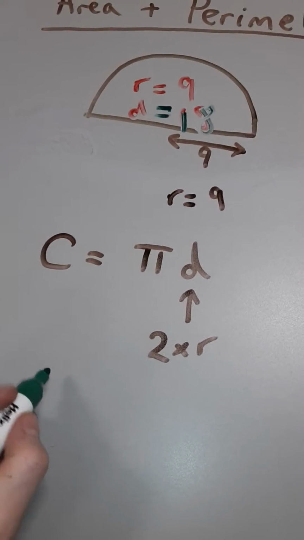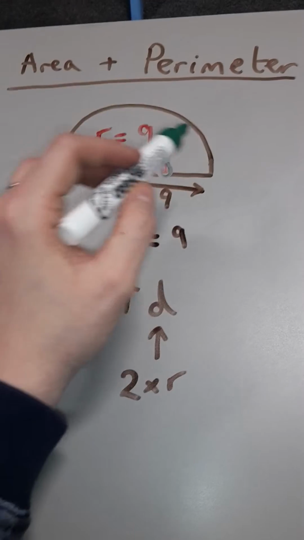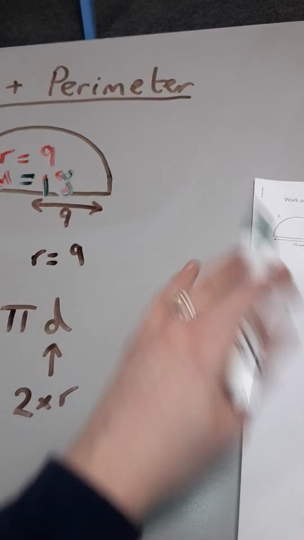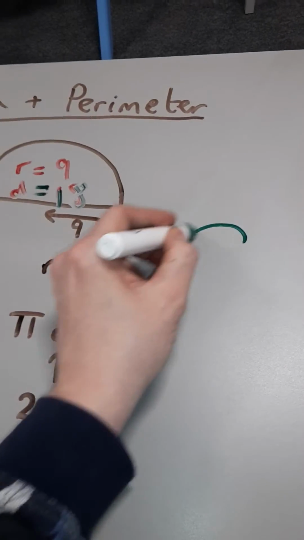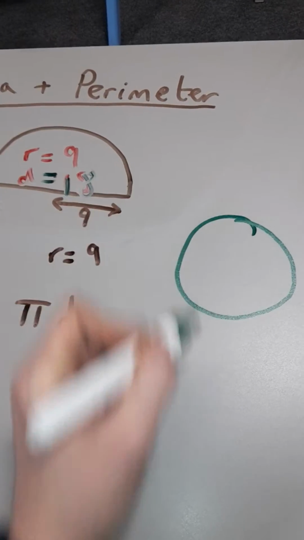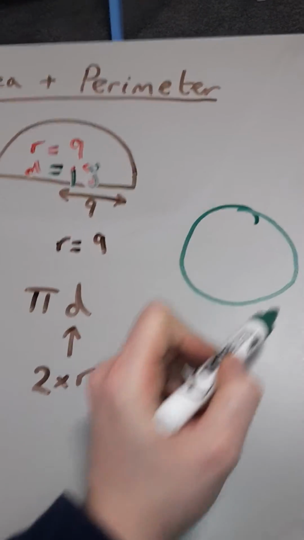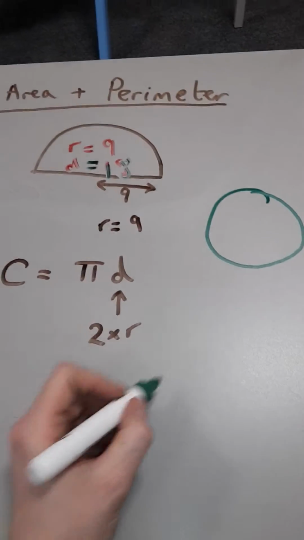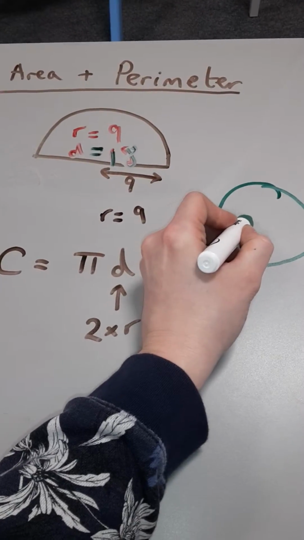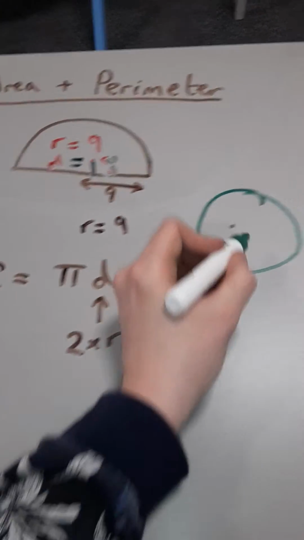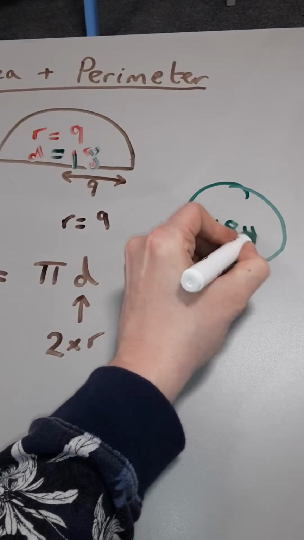So if I work out the circumference of this circle, I'm essentially going to be working out the whole of the outside, so how far you would travel if you walked around the outside of a circle. And that's going to be pi times 18, which is 18 pi.